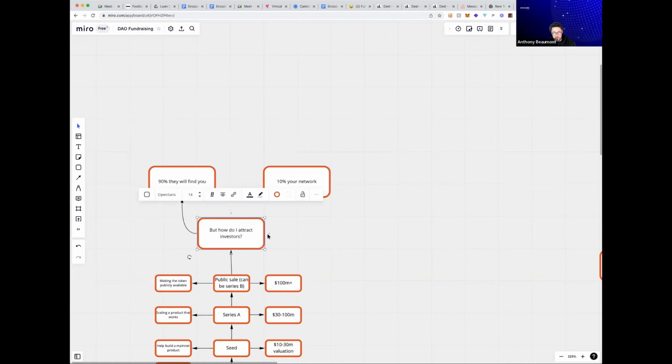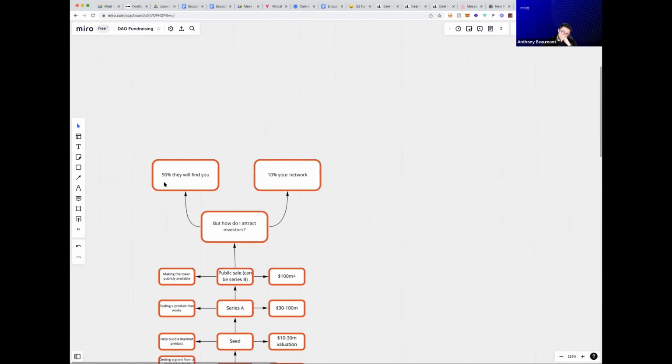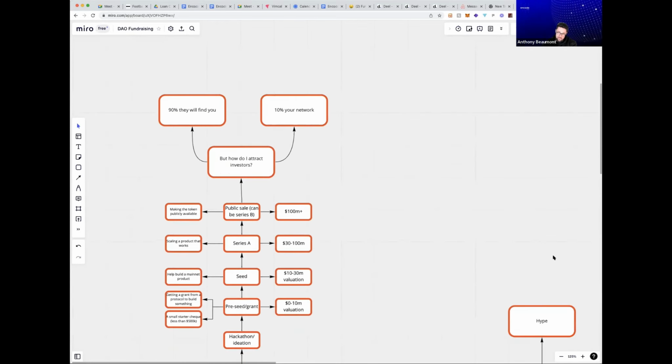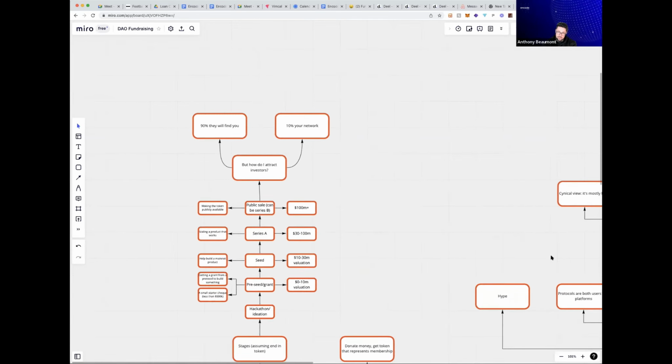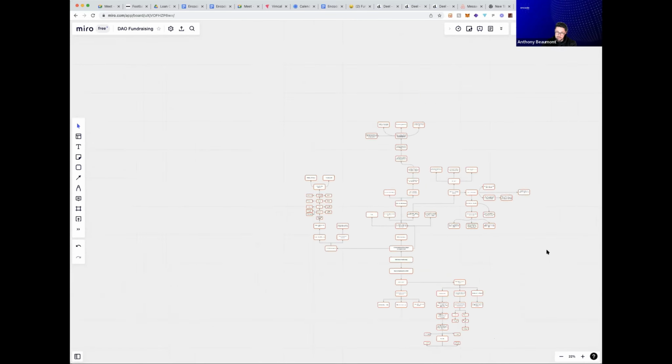You can do it better by increasing your network, but investors will find you if you've got a good product and you're out there, because realistically you'll be in the community. So hopefully this puts your mind at ease. If they're not finding you, put yourself out there, but if they're still not finding you, you're probably not very good.